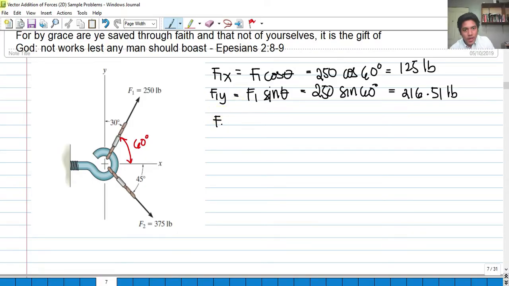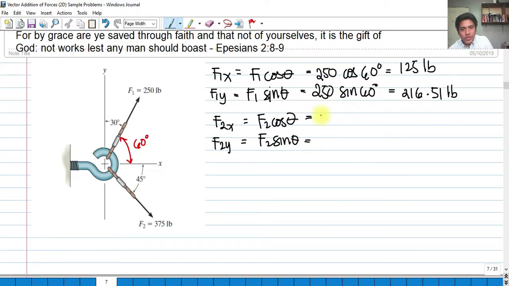We're going to get now the F2x and F2y here. As you can see here, F2 is 45 degrees away from the x-axis, measured clockwise. In order for us to resolve F2, we need F2 cosine theta and F2 sine theta.